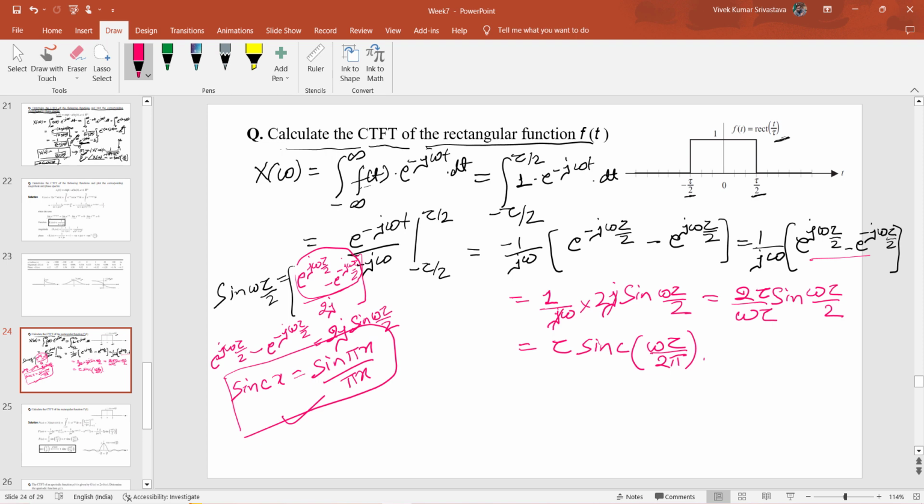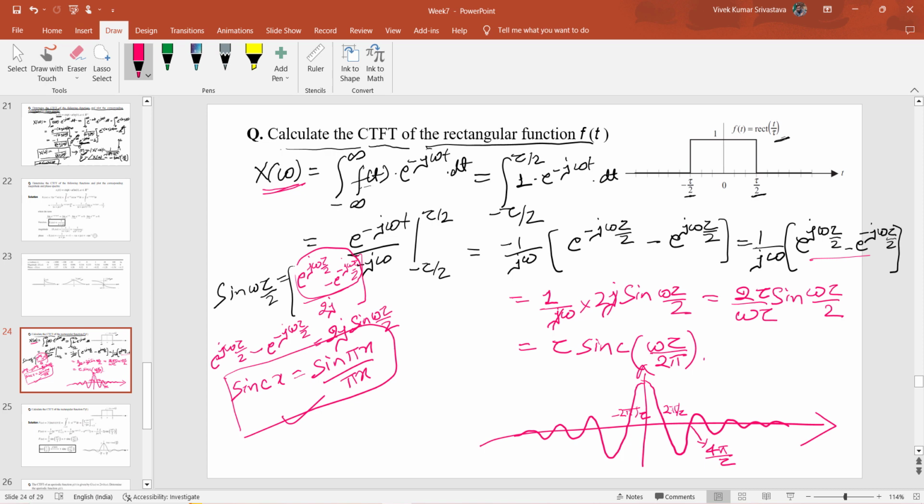So this shows that corresponding to this rectangular function, the frequency domain representation is nothing but the sinc function. And the zeros will be at 2 pi by tau, minus 2 pi by tau, 4 pi by tau, and so on.